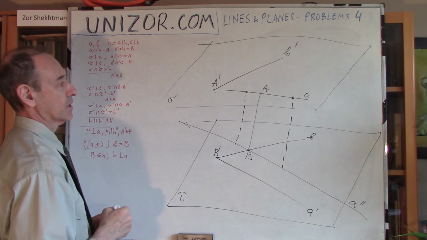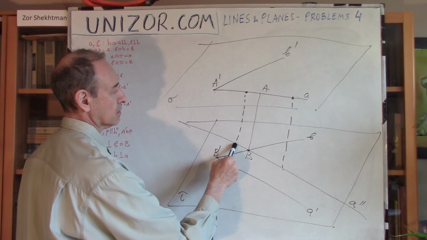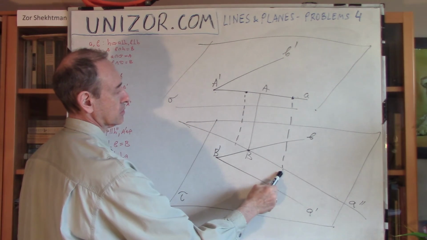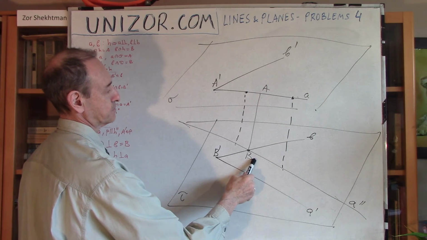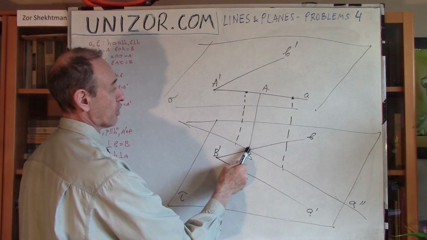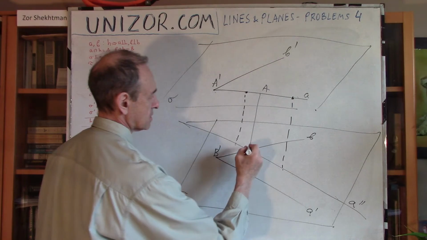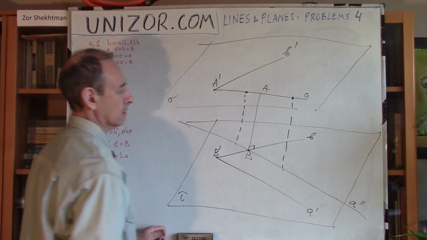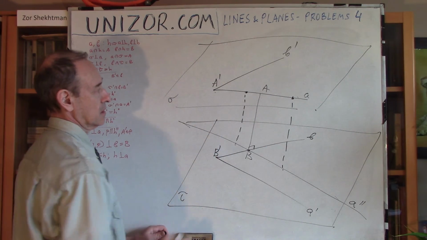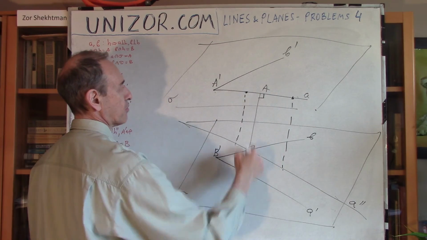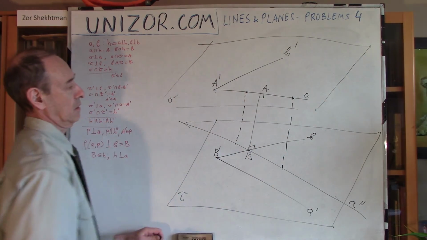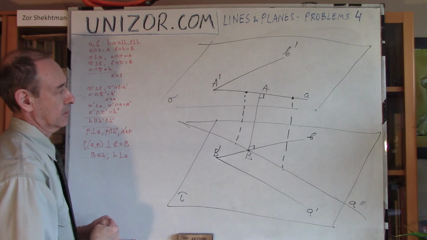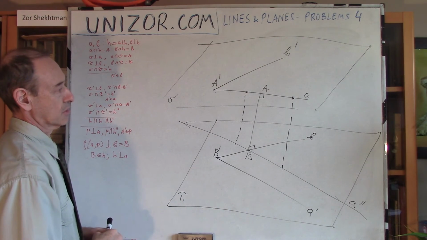Very simply. This is perpendicular to the tau, and this is perpendicular to the tau, and this, therefore, is perpendicular to the tau. Since it's perpendicular to the tau, this is the right angle. Same thing here: we dropped it perpendicular to this line within this particular figure. So that's a common perpendicular.